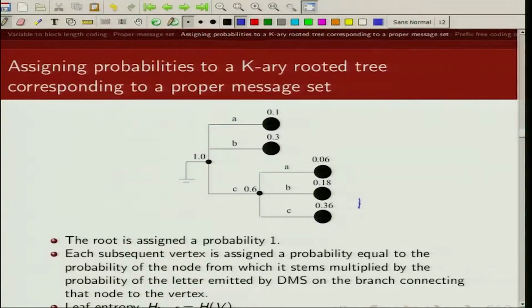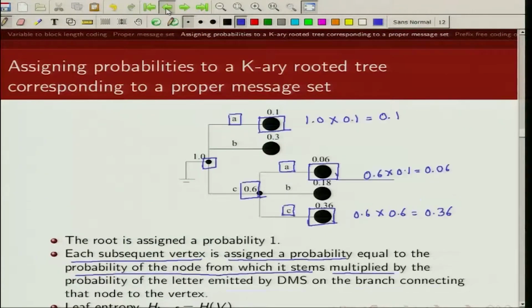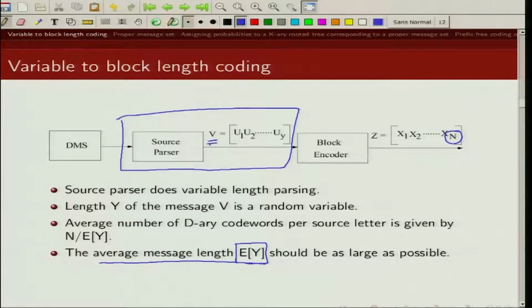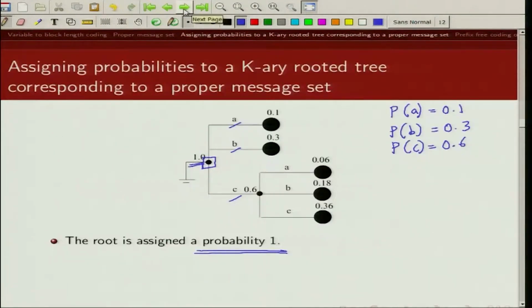And we can write down that leaf entropy is nothing but H of V. Note, what is our V? V is the output of the source parser, right? And what are these leaves denoting? This is my parse sequence A, B, CA, CB, CC.